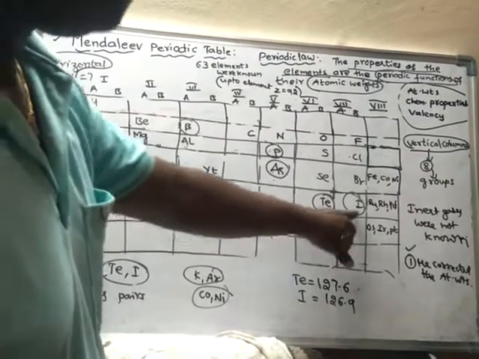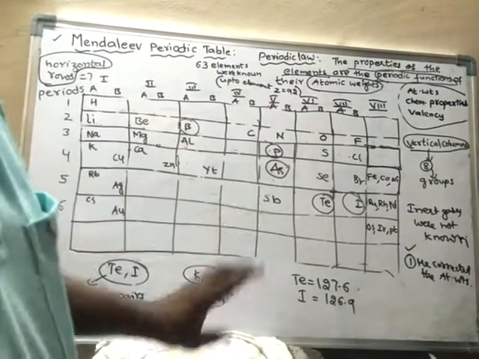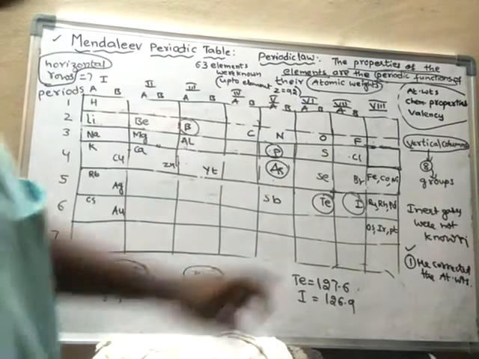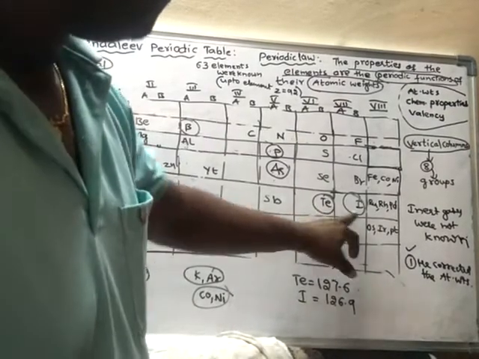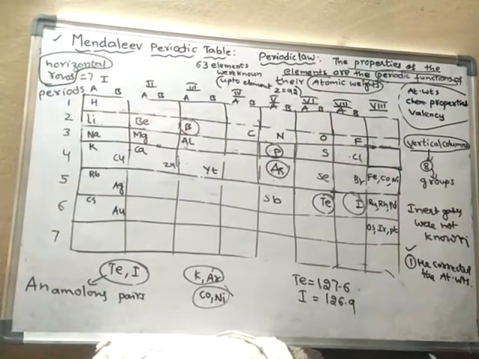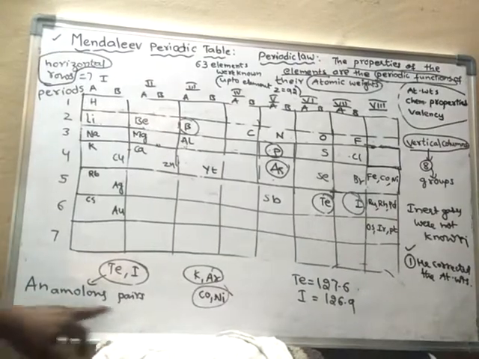Hence, this arrangement is an anomalous arrangement. At all other places, the elements are arranged according to increasing order of atomic masses, but these two are in reverse order. Hence, these two elements are said to be anomalous pairs.